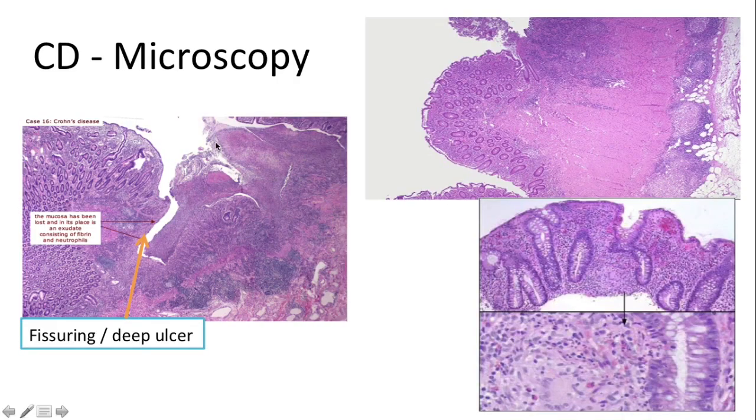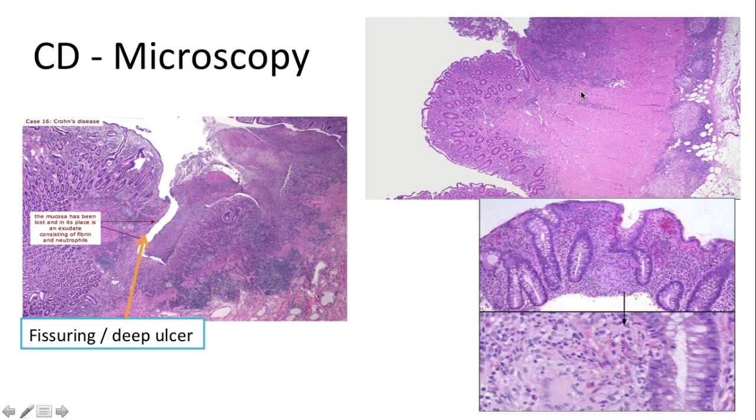So these are histological findings of the other features that we mentioned earlier. So this is the deep fissuring ulcer microscopically. So ulcer is loss of the mucosa. So you have intact mucosa here, loss of the mucosa here where the ulcer is, and it is sharp and deep going into the muscle layer. And there is also inflammation present here.